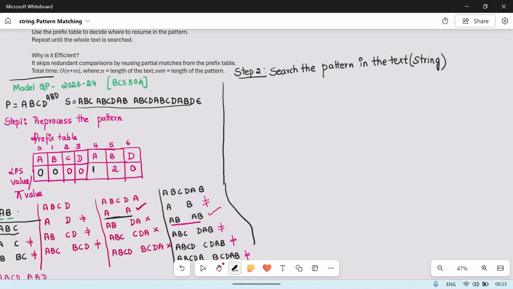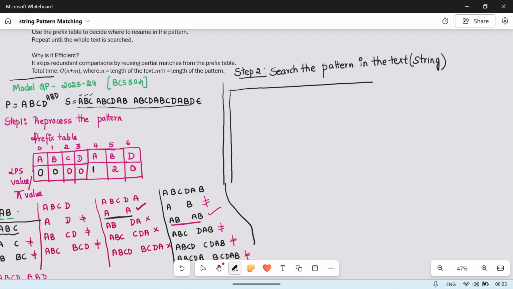See, count the number of characters. So 1, 2, 3. Space is also characters 4, 5, 6, 7, 8, 9, 10, 11, 12, 13, 14, 15, 16, 17, 18, 19, 20, 21, 22, 23. I think it is 23. So let us draw.